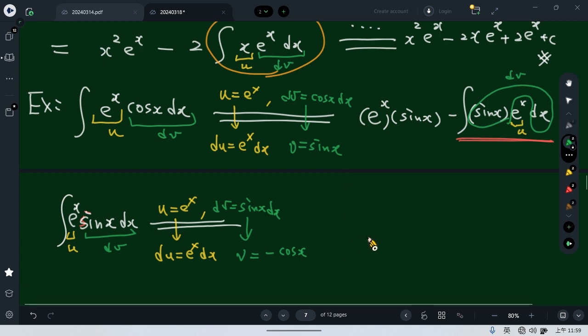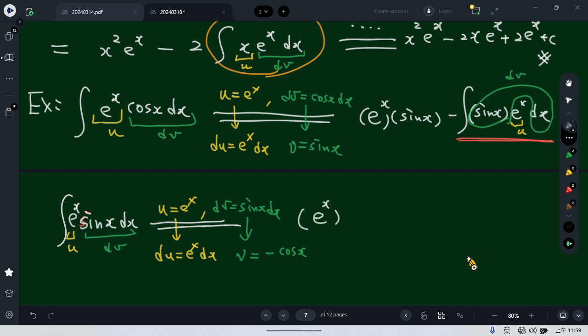So, and then we can have u times v, minus cosine x, right? Minus the integral of v times du. This is u, this is v, then du, right?